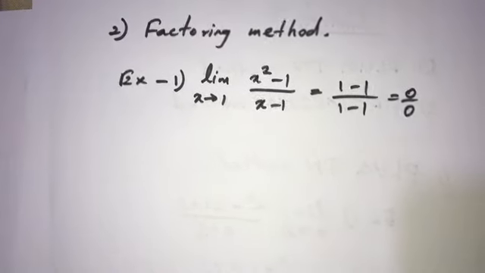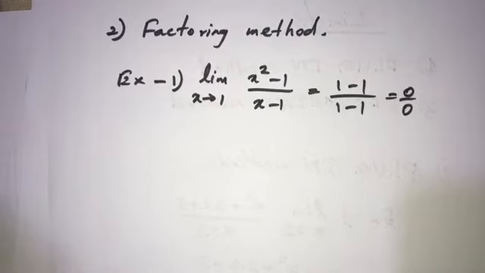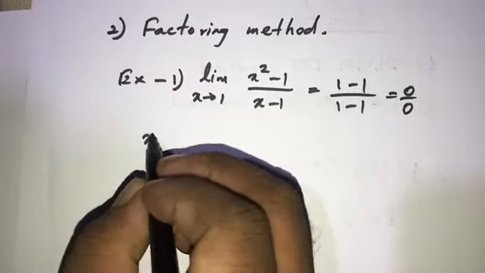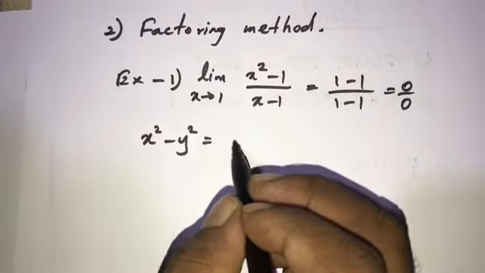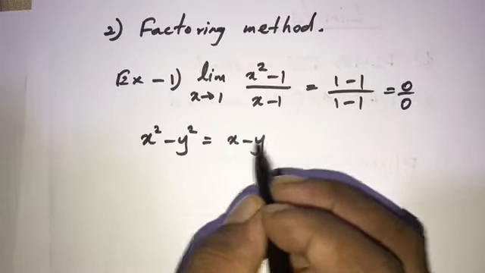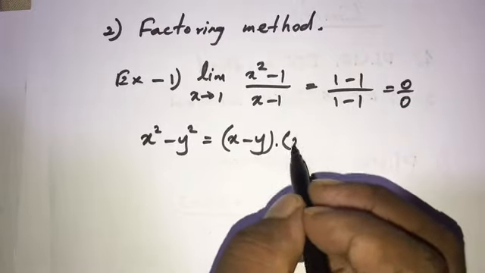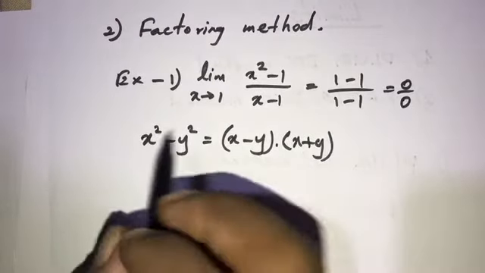So, first of all, we take the numerator. You can see it is a difference of two squares. This is the formula for the difference of two squares: x squared minus y squared is equal to x minus y times x plus y.